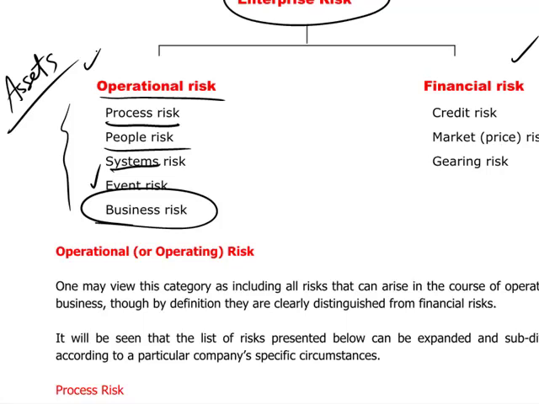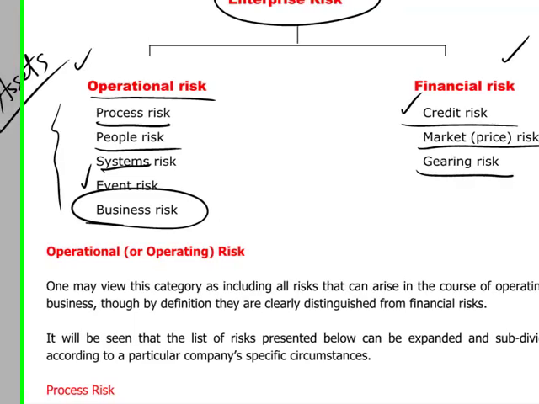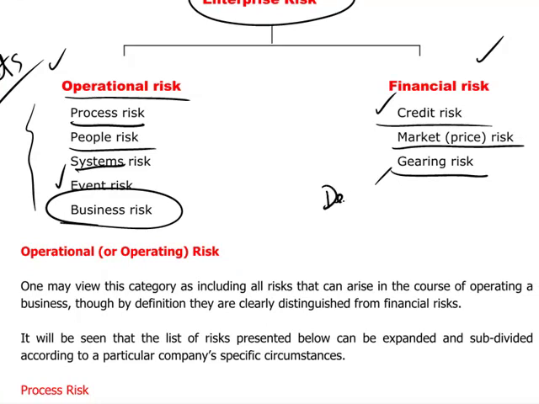Whereas on the other side, financial risk, we would ordinarily think of, for example, credit risks and market price risks, and gearing risk. This is related to the use of debt. So this is driven primarily by looking at the liability side of the balance sheet and how we structure our capital, how we finance ourselves as a business, and so on. We'll come back and talk about financial risks later.